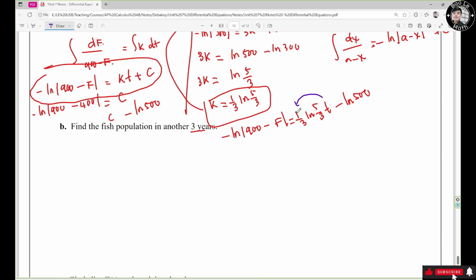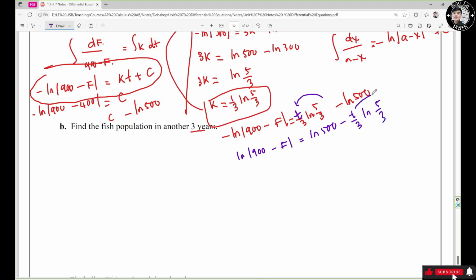So I can write this as t over 3, and then I need to erase this to get rid of the mistake. Now I want to get rid of the negative sign, so I need to multiply both sides by negative 1. So it turns out to be natural log of absolute value of 900 minus f equals natural log of 500 subtract t over 3 natural log of 5 over 3.